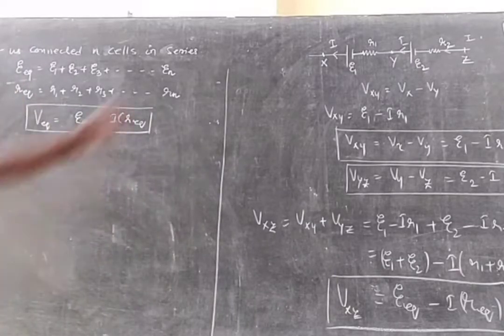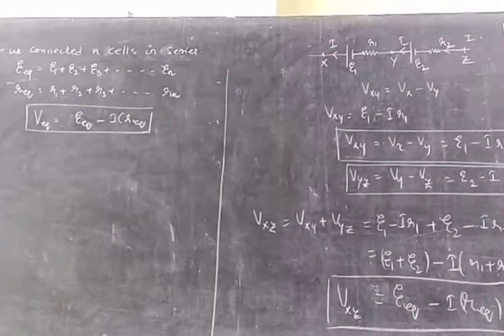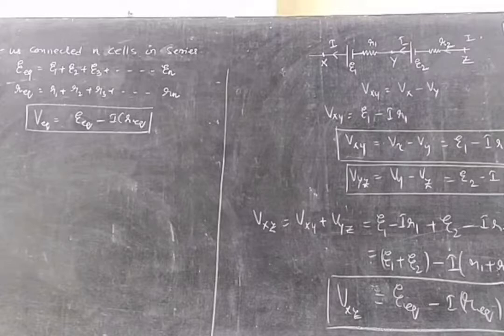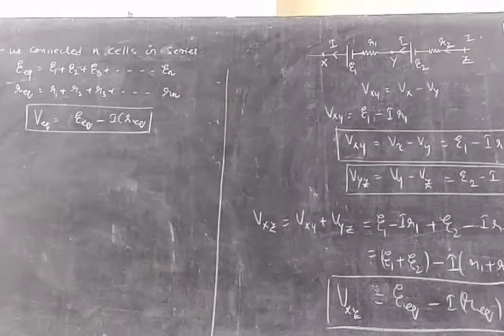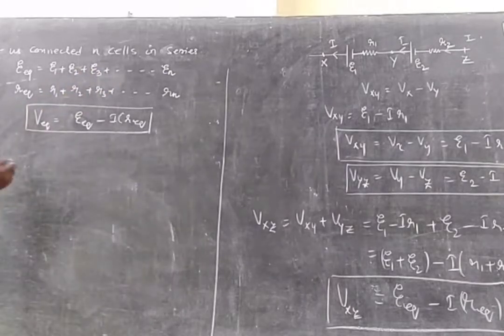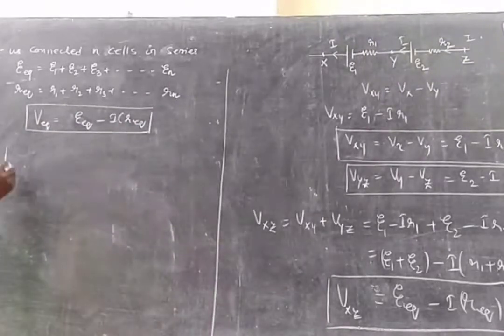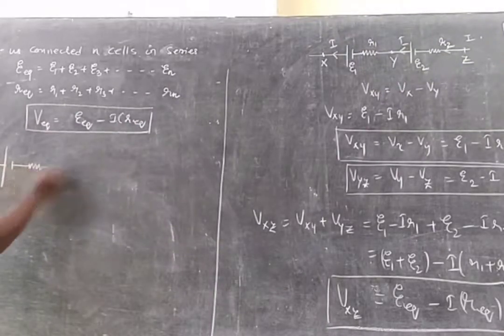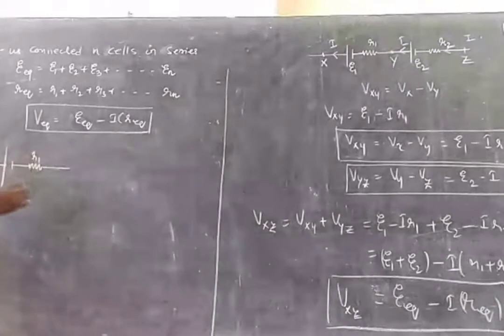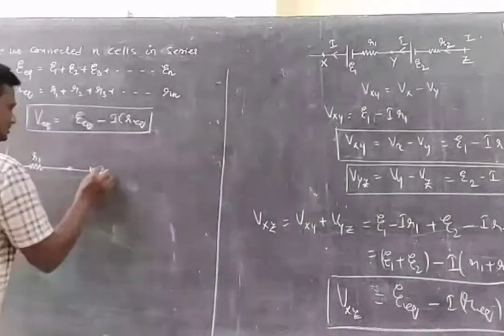Now a special case. In the same figure, if I change the polarity, that means, special case, I have taken a battery like this. R1 is my internal resistance. Okay, I have changed the polarity.